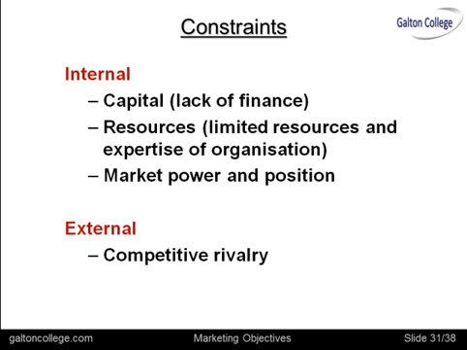If the company increases its promotional activities, they may respond by increasing theirs. So there's got to be some sort of recognition of the existence of the competitors and some strategy to deal with their likely response to any changes that's been put forward.